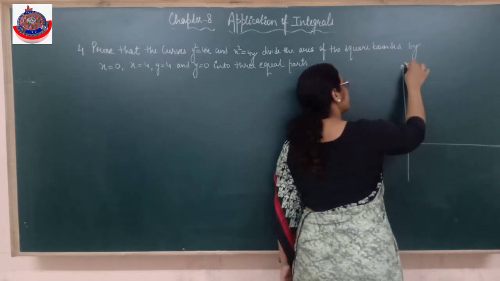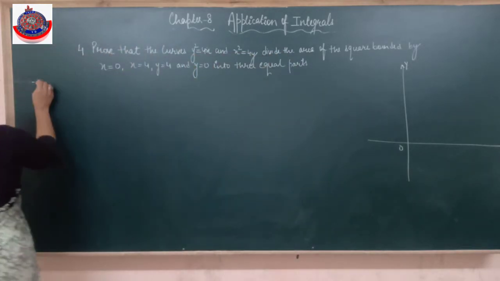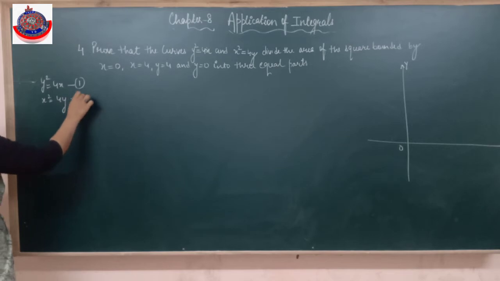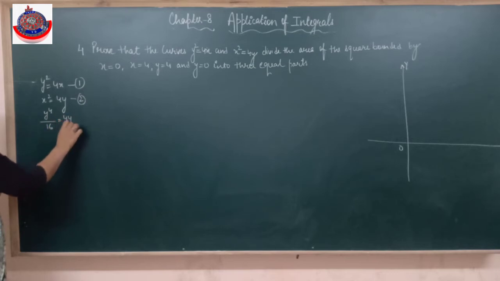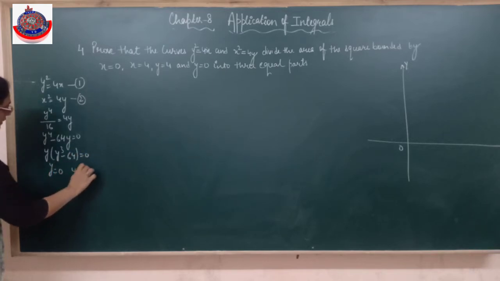But what did I tell you? If we have 2 curves, we should always find the point of intersection. So I'm going to solve y square equals 4x and x square equals 4y. Put the value of x here. y to the power 4 will be 16 y. So y equals 0, and the real root will be 4.